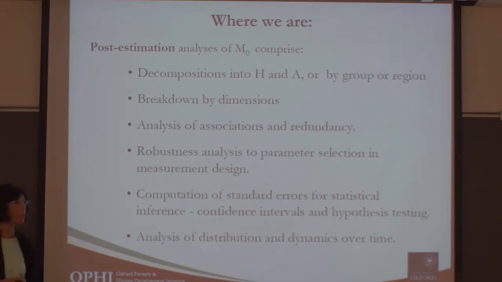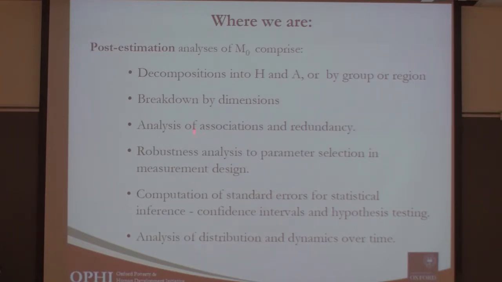Anyone else has something else to say? Maybe up here, or it's like a comprehensive overview, right? So essentially this is it. We have done all this analysis. We have our measure. We learned the HA by group. We broke down by dimension to see which indicators contributed most.